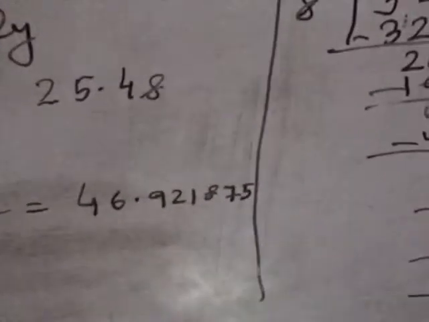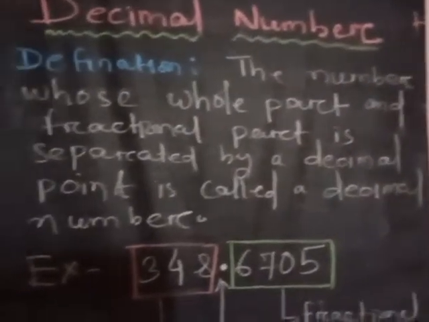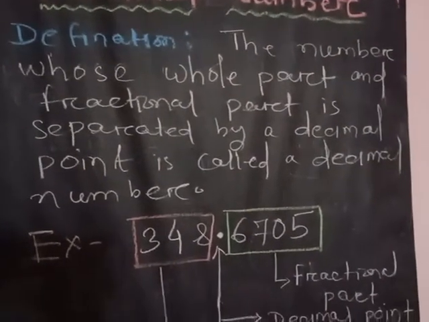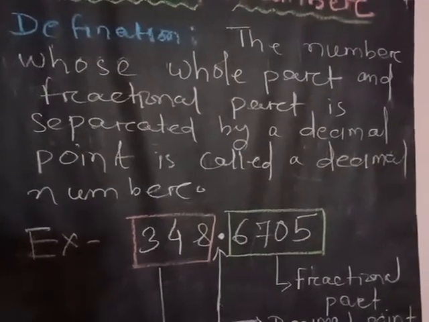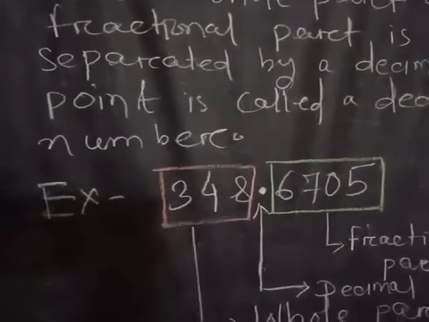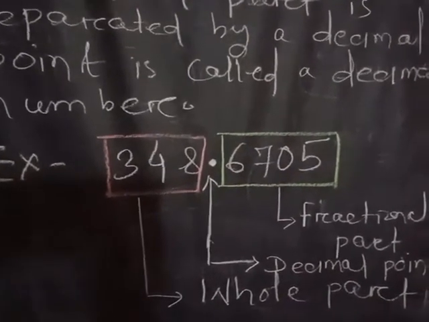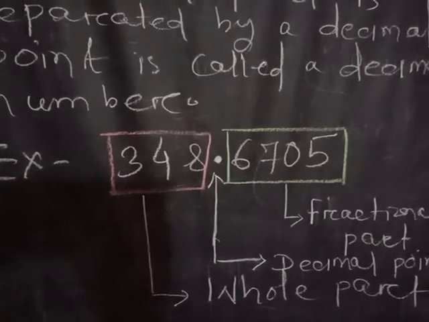So we can define a decimal number. The number whose whole part and the fractional part are separated by a decimal point is called a decimal number. See 348.6705. In this number you are clearly seeing there is a decimal point.